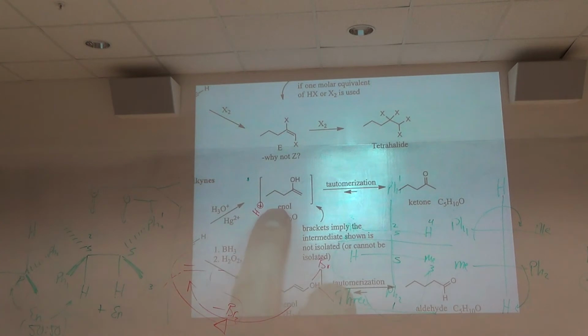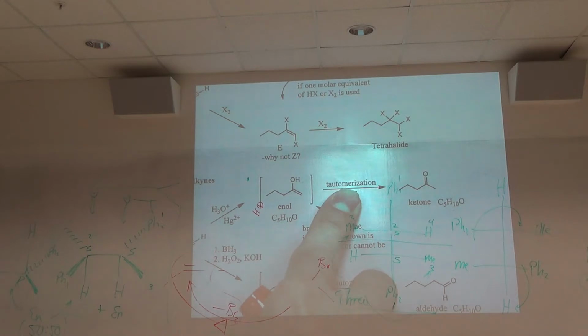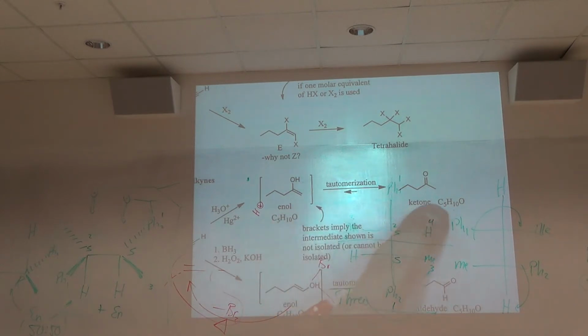Enols actually undergo a process called tautomerization. That'll be new for us. But the mechanism will be quite doable. The enol and the ketone are isomers with the same formula.